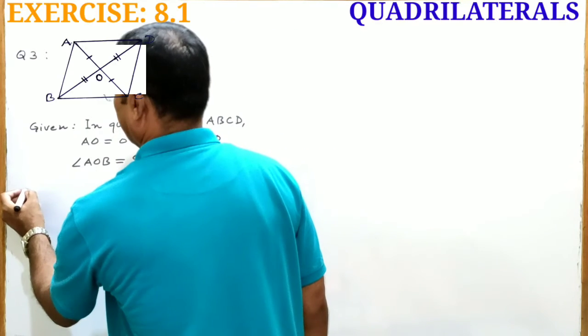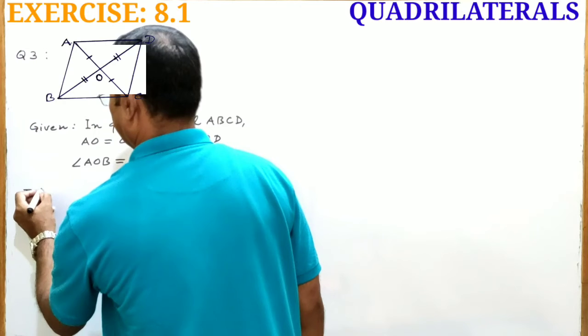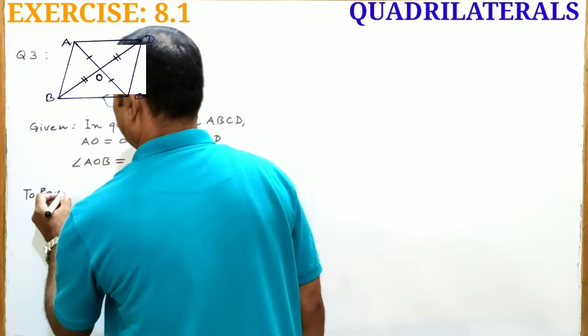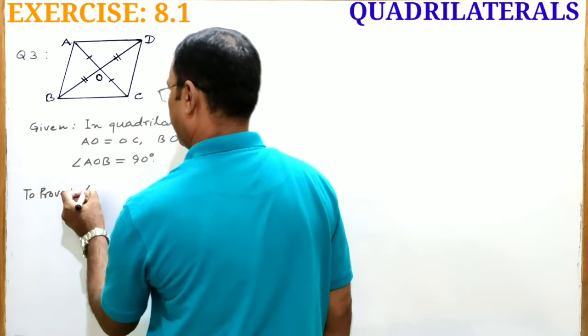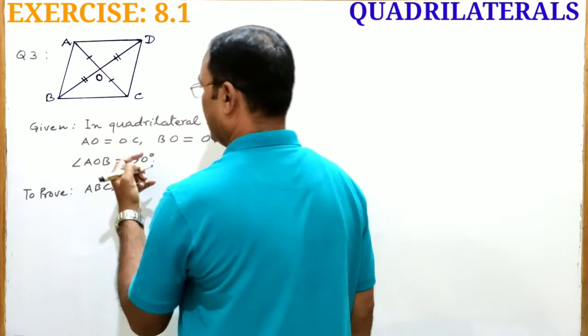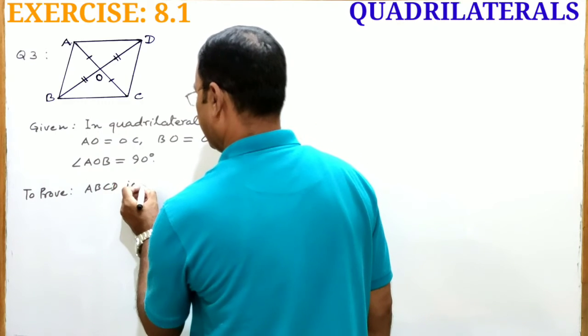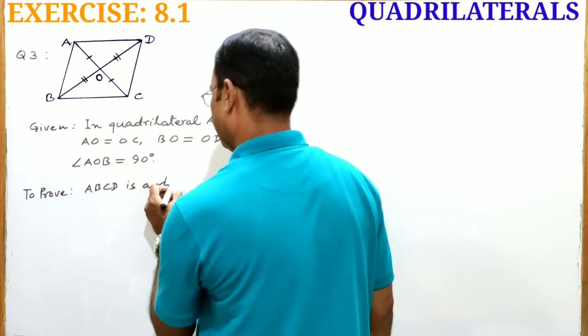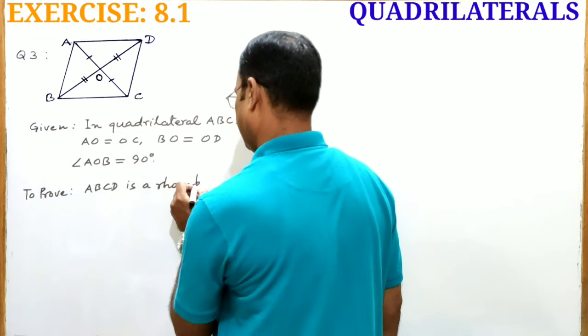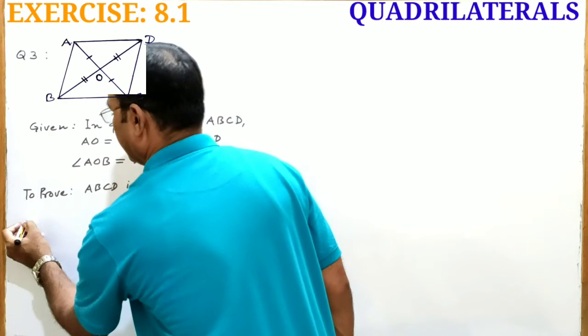We have to prove that this quadrilateral ABCD whose diagonals bisect each other at right angles is a rhombus. Let's prove this result.